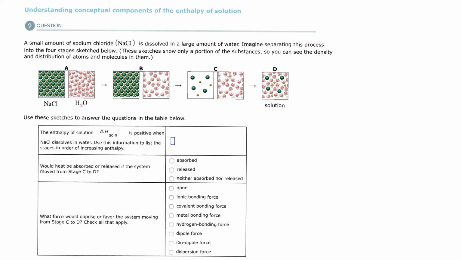So the water molecules will surround these, and that's almost like letting magnets stick together. It doesn't take energy to do that. It just happens by itself. Energy is actually released. So you add energy from A to B, you add energy from B to C to get the salt pulled apart, and then once everything is pulled apart, you're just letting the water molecules attract the ions, and they completely surround them. That's free. That's a give-energy-back step.